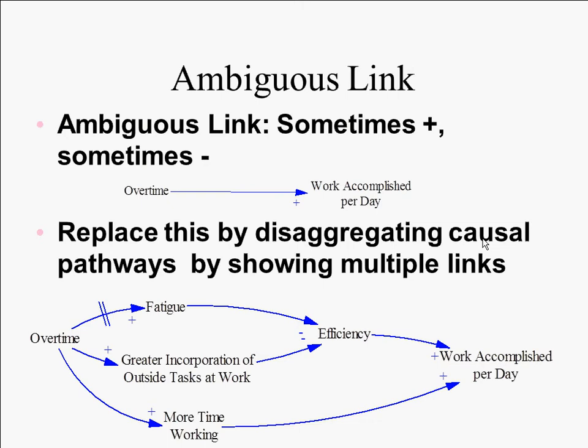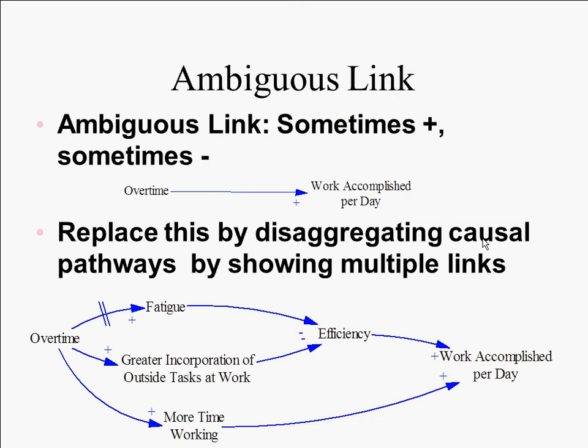When we see that, we'll unpack it into more pieces. It's often an indication there are several pathways, causally speaking here, and we need to unpack it into those several pathways to be clear about the several links. And so I've done that here, going from this to this lower diagram here.